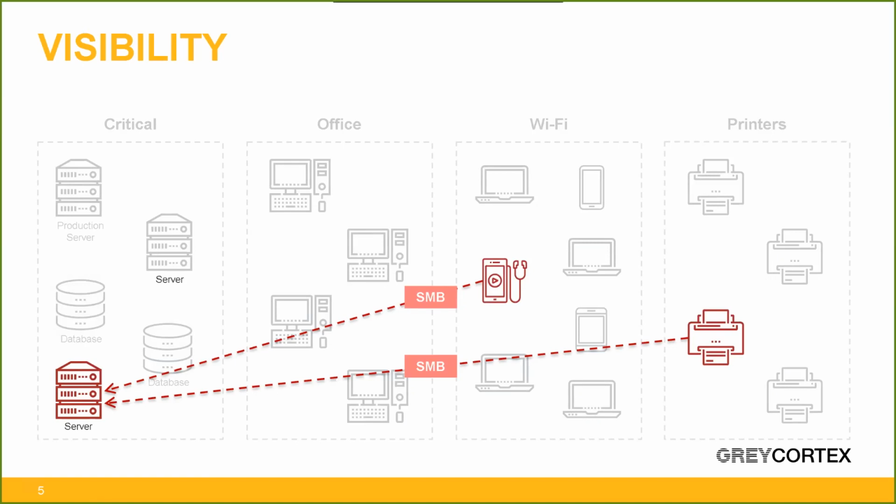With our tool Mendel, it's very easy to answer those questions because we are monitoring the entire network traffic and we are storing this information for a long period of time. So we are capable of answering exactly those questions.